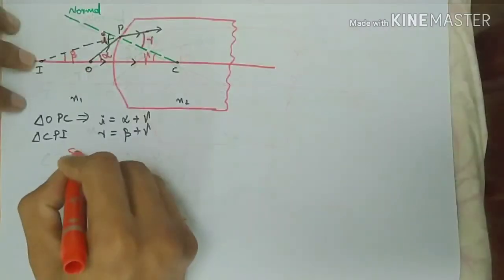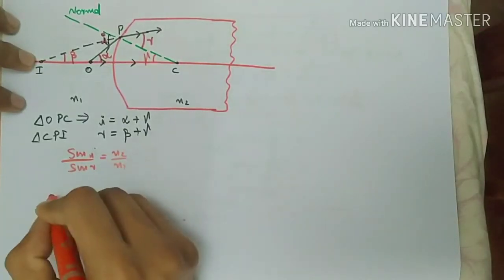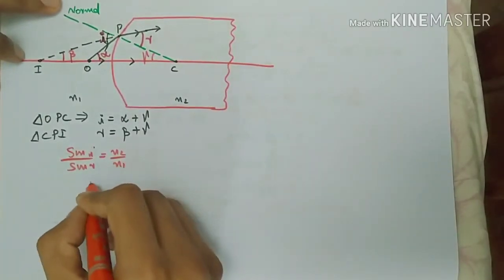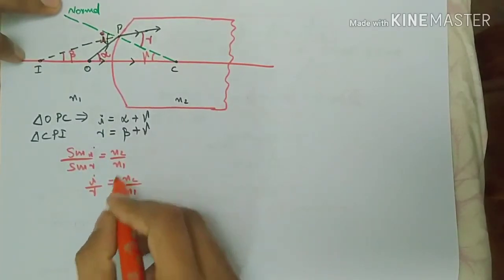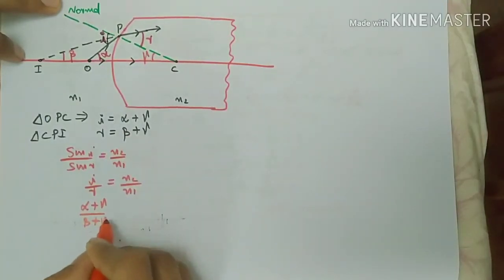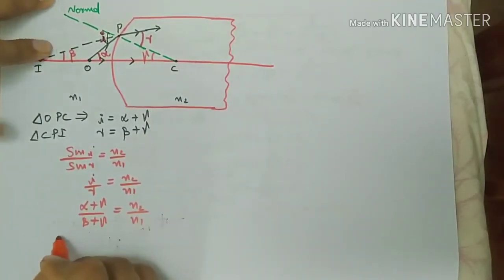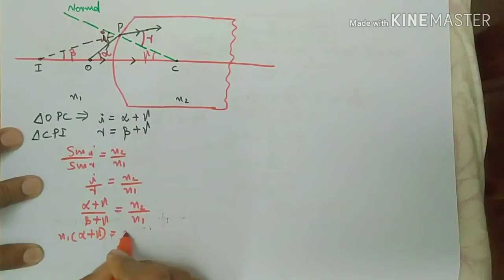Then sin I by sin R is equal to n2 by n1, and in this case we can write I by R is equal to n2 by n1. I is alpha plus gamma divided by beta plus gamma, equal to n2 by n1. Cross multiplying, n1 into (alpha plus gamma) is equal to n2 into (beta plus gamma).